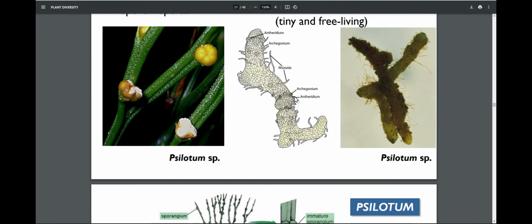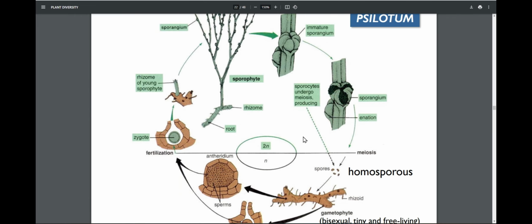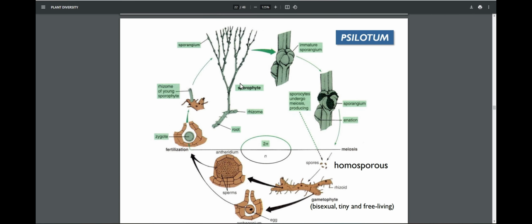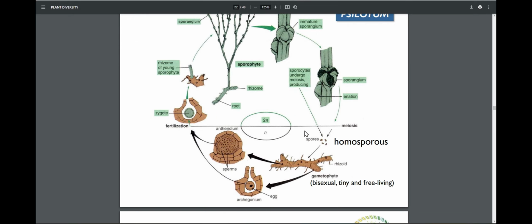These are also bisexual, so one individual has two sexes and can do self-fertilization. Again, this is the diagram, not going to go through it: growing and then dispersing, growing again, etc. You have seen this diagram so many times.